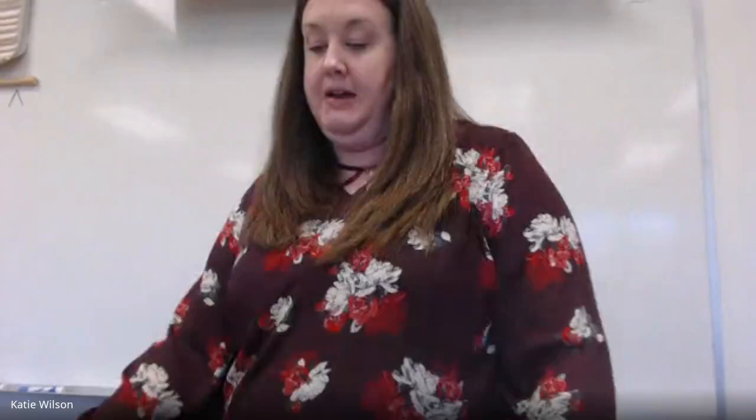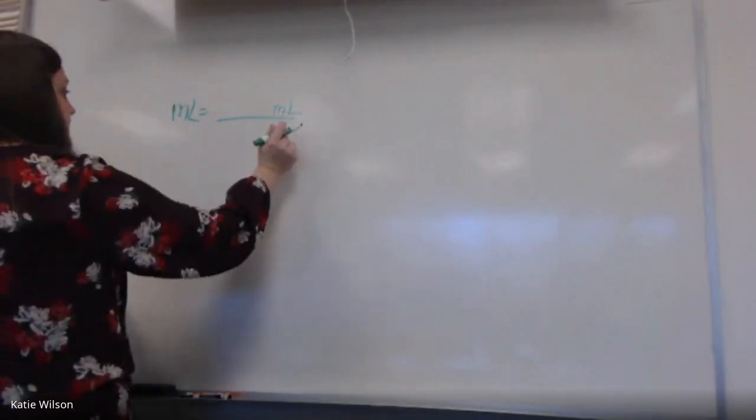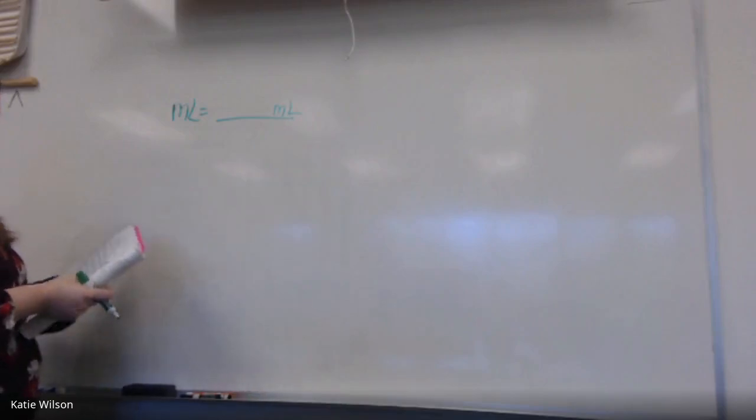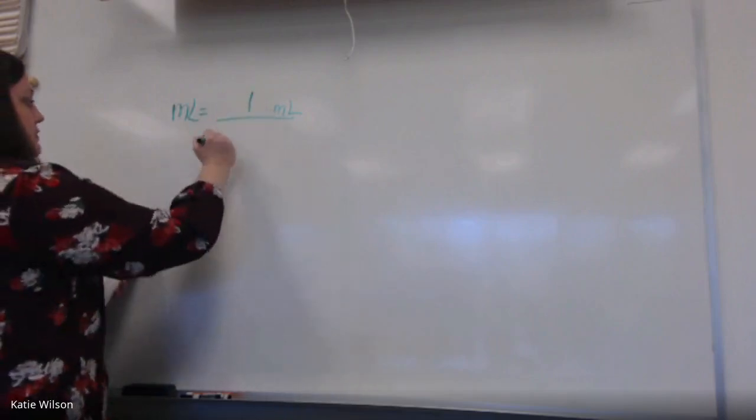Round the answer to the nearest hundredth. So we're going to start with milliliters. What do they give us about milliliters? Our concentration is 10,000 units per 1 milliliter.